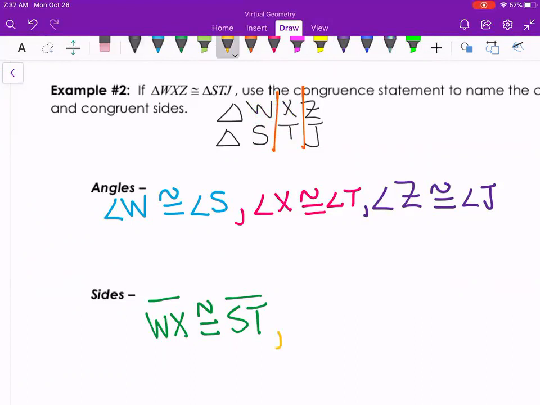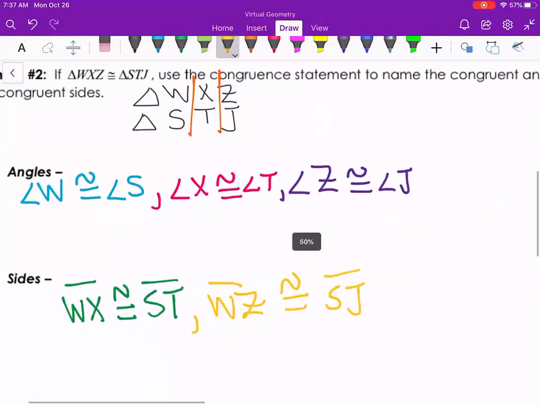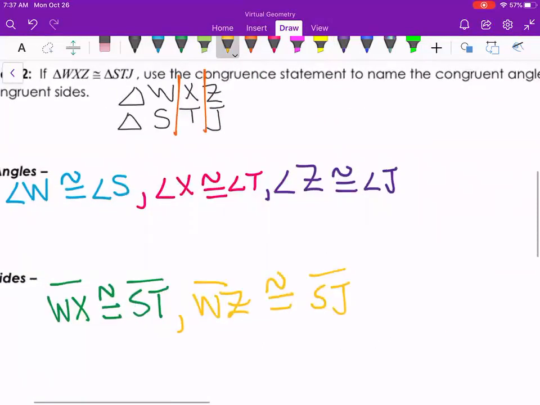How about we do W and Z, first and last? Segment WZ is congruent to S and J, first and last. Segment S and J.